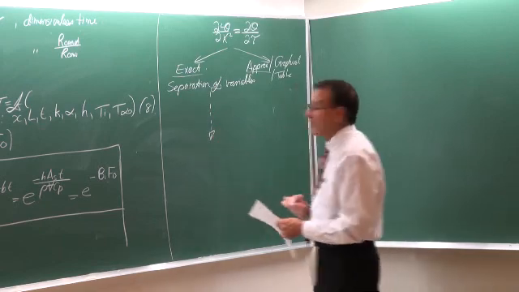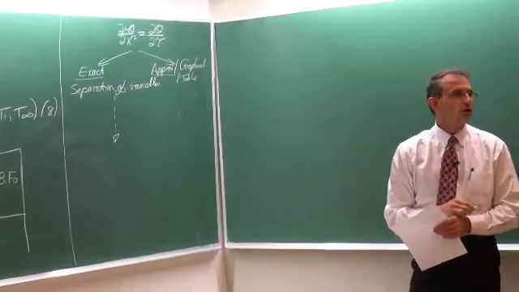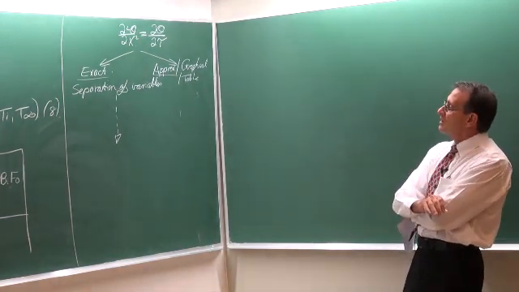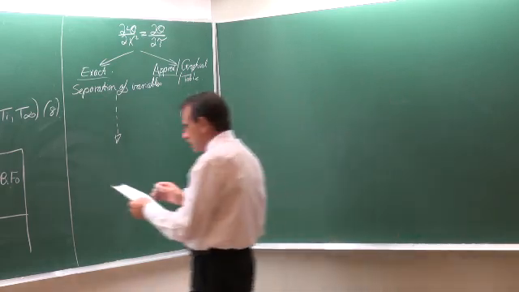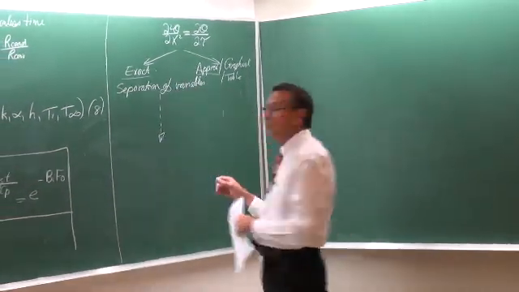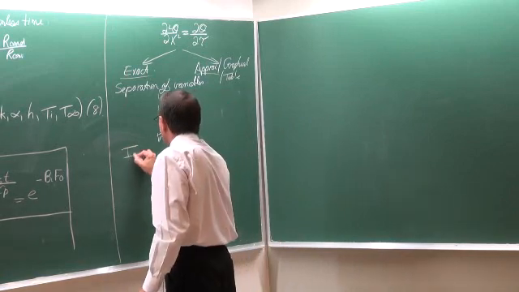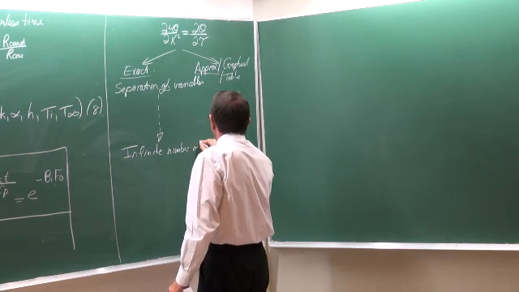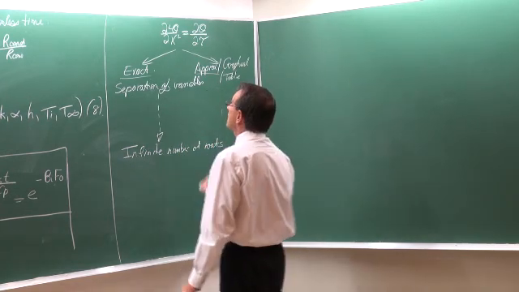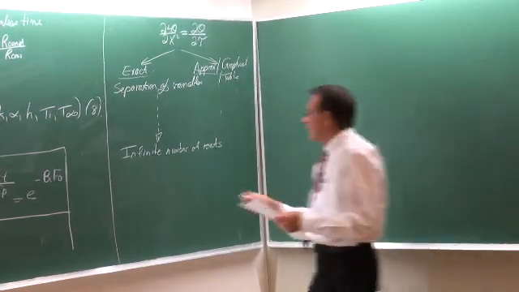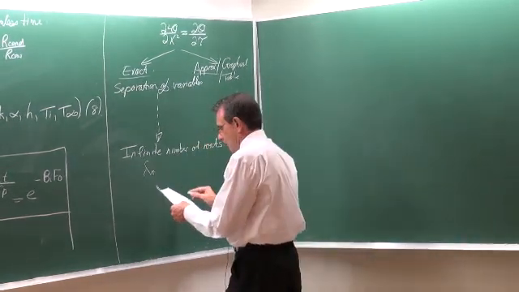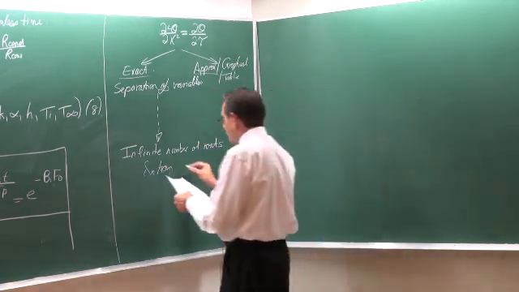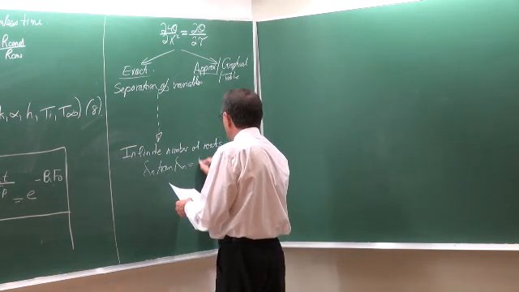Okay, now I'm going to spare you the mathematics. We're not going to go through every step, but in the separation of variables solution, it's going to come out that there's an infinite number of roots, which can be determined by lambda n tan lambda n equal to the Biot number.